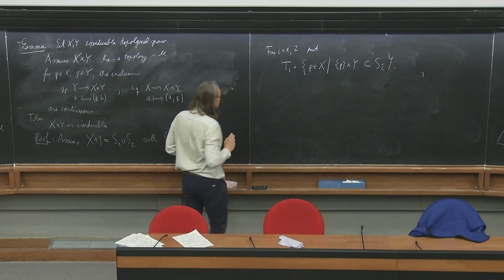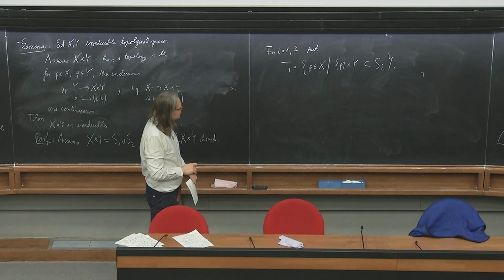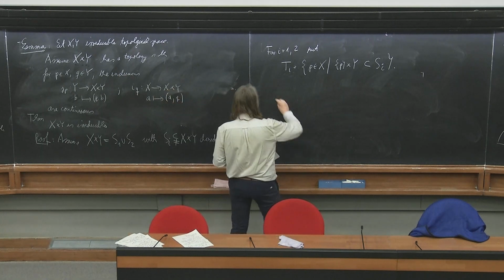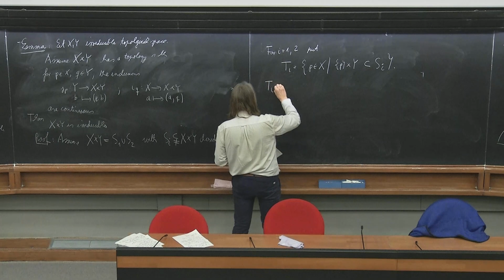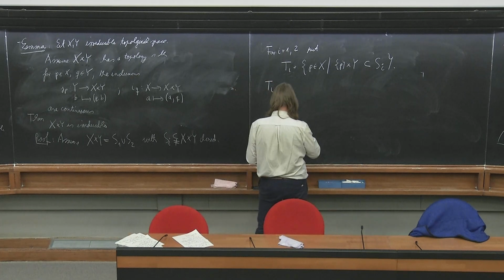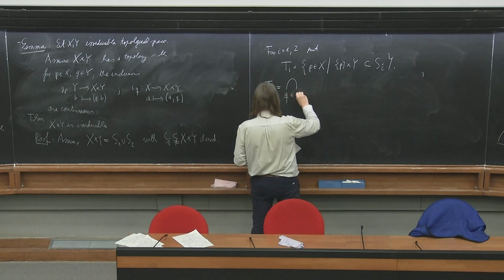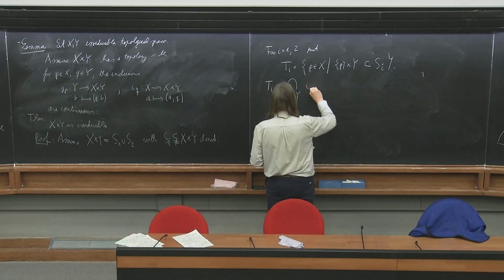Okay? So first, we want to see that these T_i are closed. I claim that T_i is equal to the intersection over all q in Y of i_q to the minus 1 of S_i.